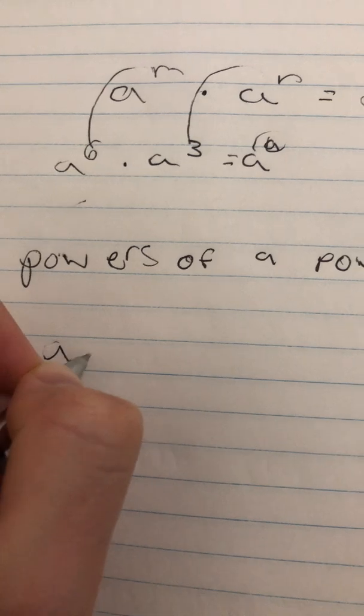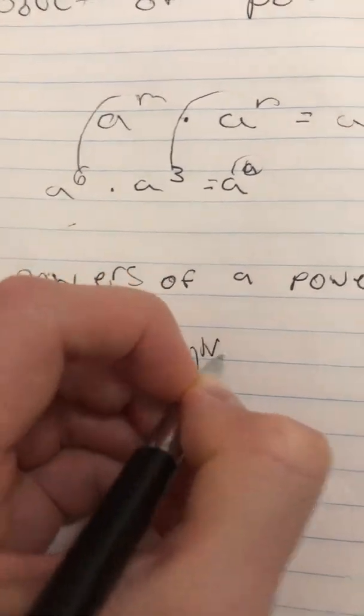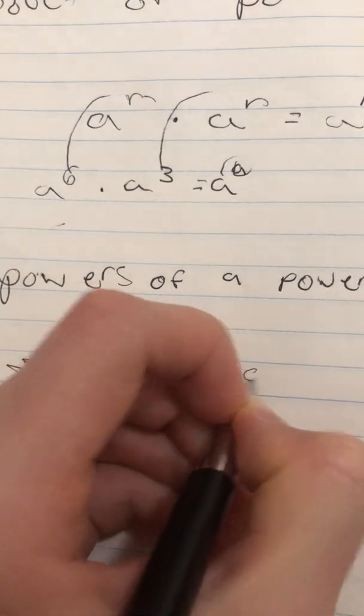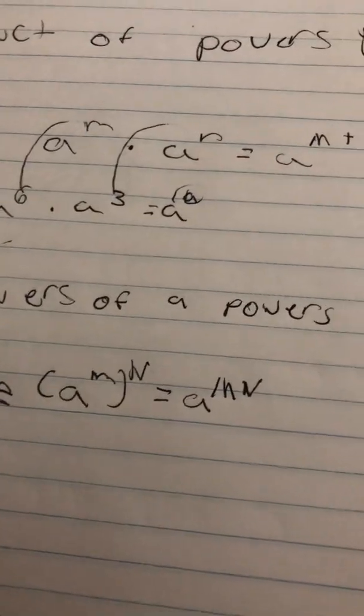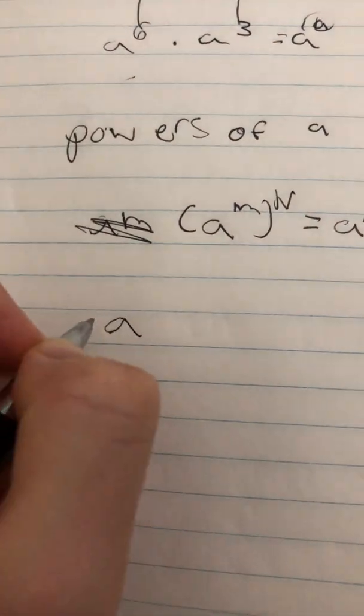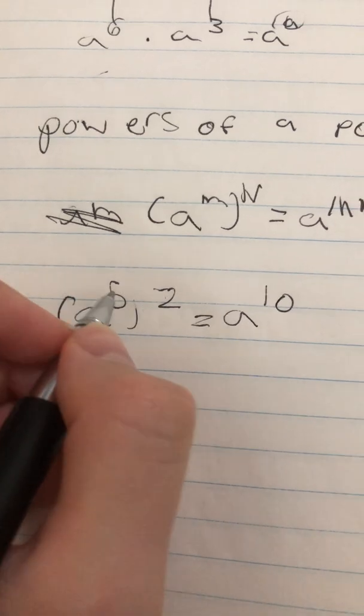And that is (a^m)^n equals a^(m times n). An example of this would be if you had a to the 5th, with a 2 on the outside. Then this would be a to the 10th, because 2 times 5 is 10.